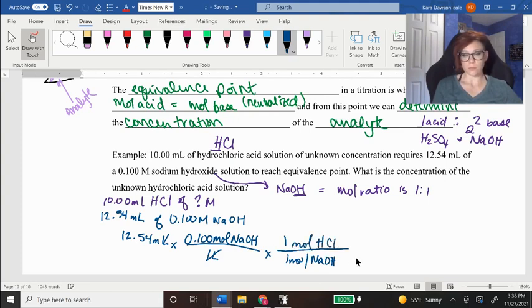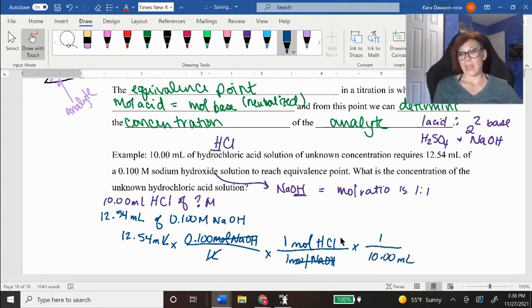Now, the crazy part about this: molarity is moles per liter, so moles per volume. So I need to divide by my volume here. So I'm just going to take 1 on the top, and then I'm going to take 10.00 milliliters on the bottom.